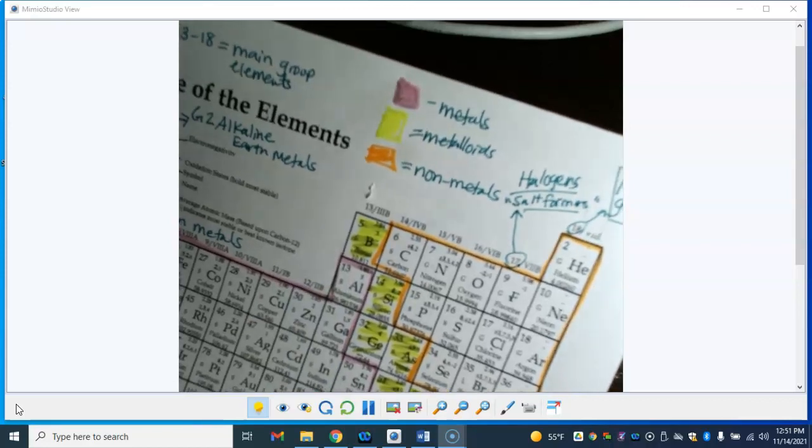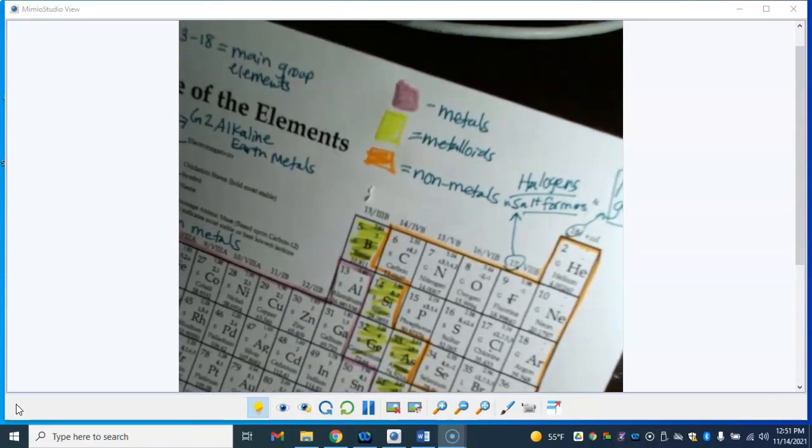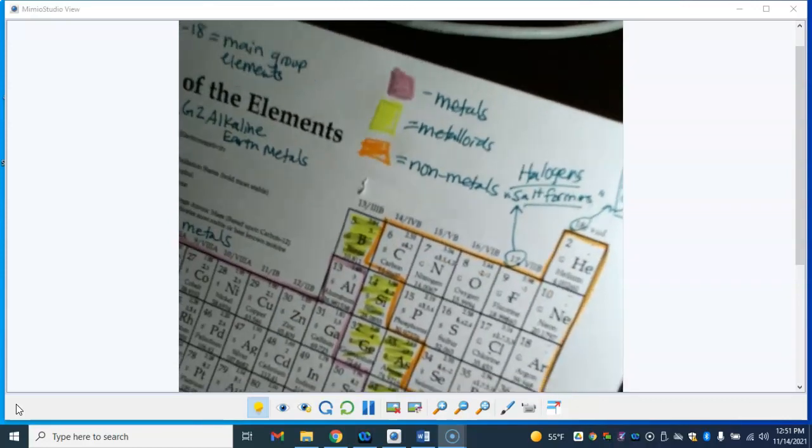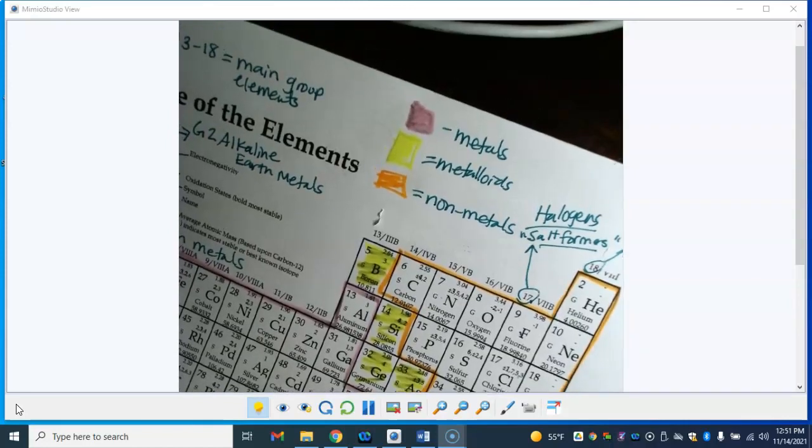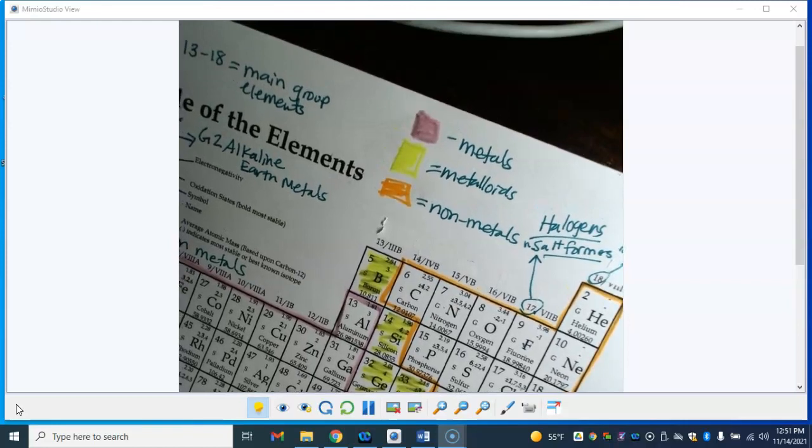The atomic weight is 10.811. If you remember, if we round that to the nearest whole number, that gives us the mass number.